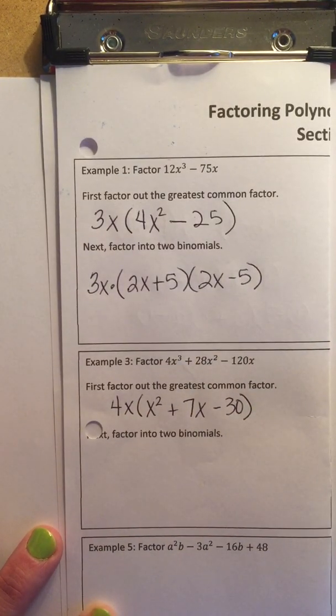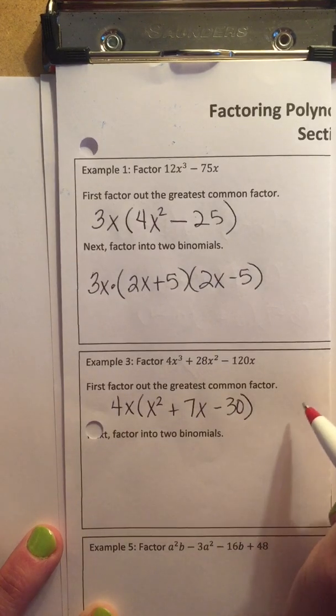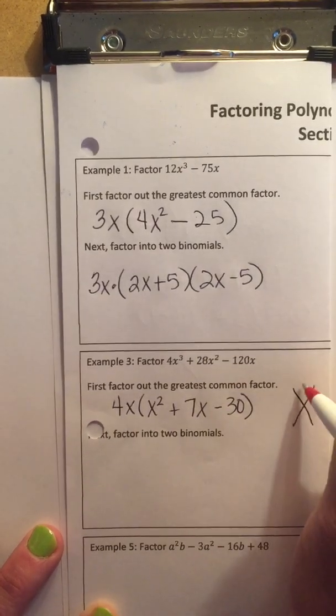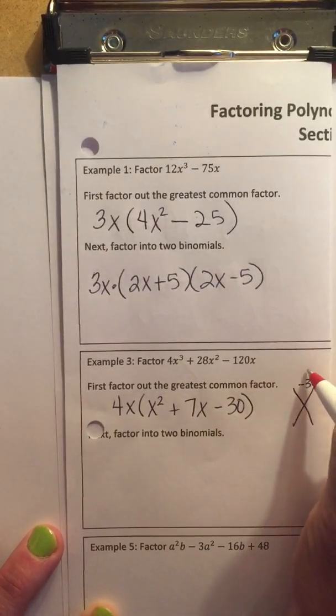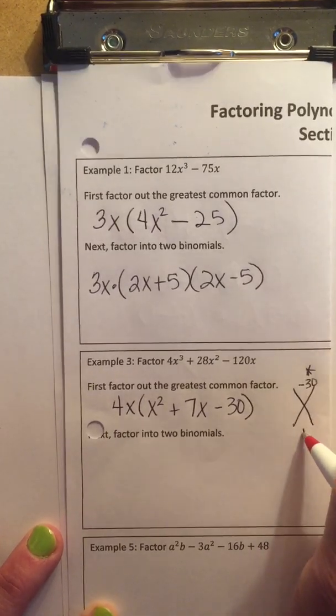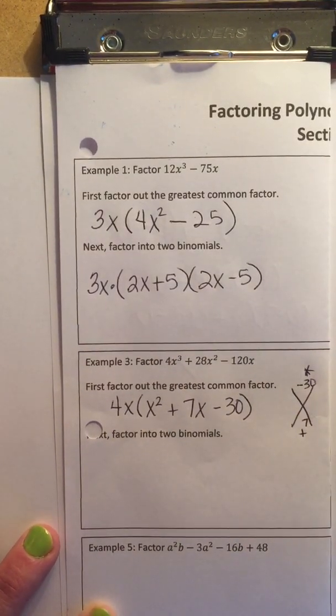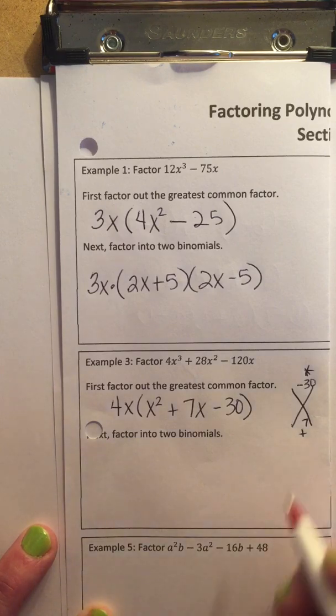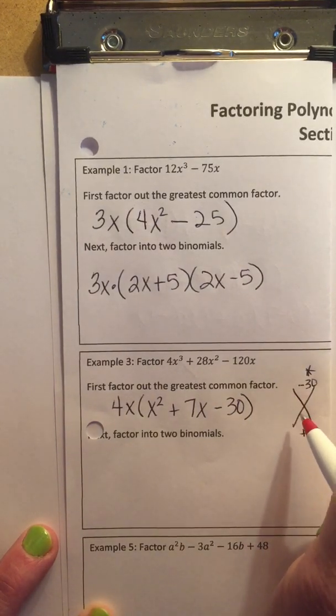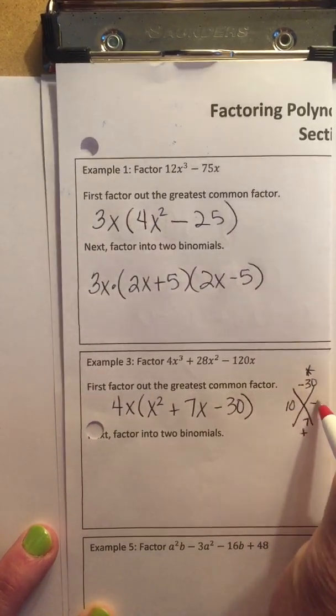Now to factor that trinomial into binomials, we're going to ask what multiplies to negative 30 and adds to 7. And it's going to be positive 10 and negative 3.